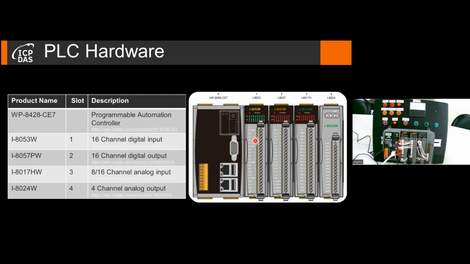In the second slot is a 16-channel digital output module, in the third slot an 8-channel analog input module, and in the last slot a 4-channel analog output module. Below are links to the website of each module. Just click a link to open its website and get more description about the plug-in modules.